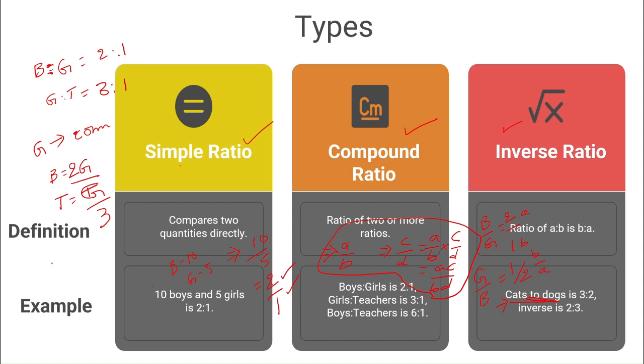Now if I want to get the ratio of B is to T, then 2G divided by G by 3. So 3 will come to the upside, then it will become 6G by G. If you cancel this G, then it will become 6 by 1.